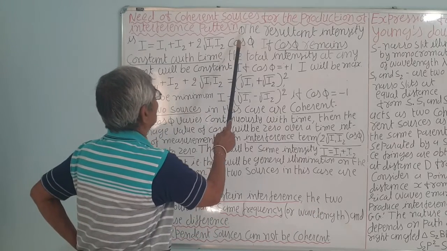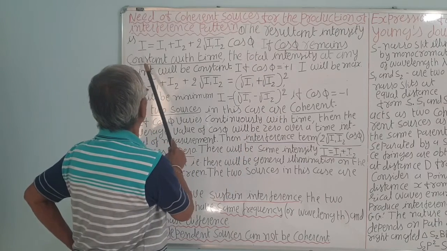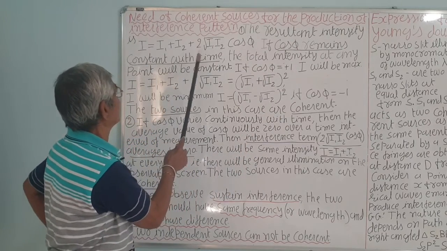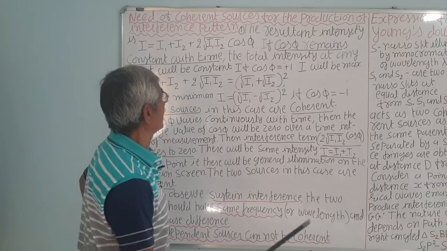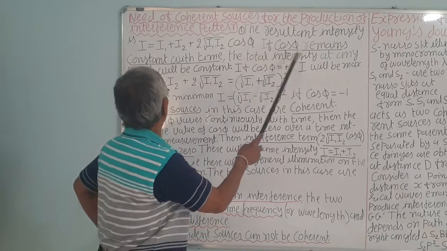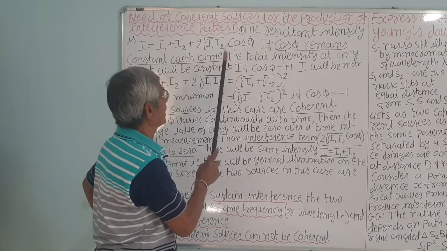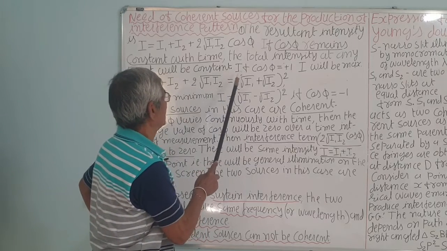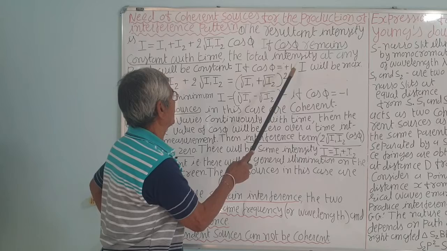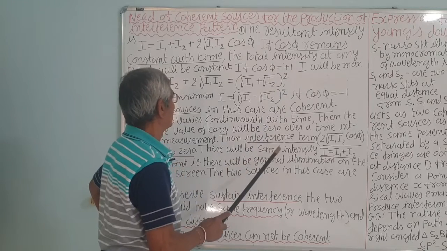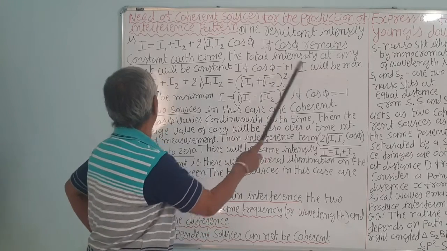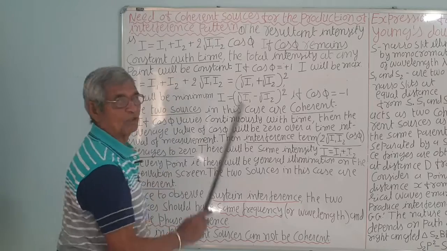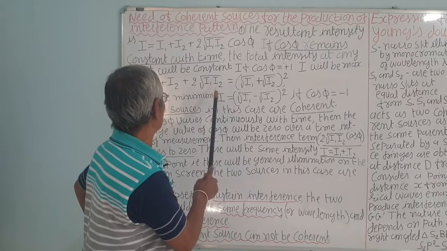We know that the resultant intensity I is given by I1 plus I2 plus 2 under root I1 I2 cos phi. If cos phi remains constant with time, the total intensity at a point will be constant. If cos phi is plus 1, we will see later on, then I is equal to I1 plus I2 plus 2 under root I1 I2.